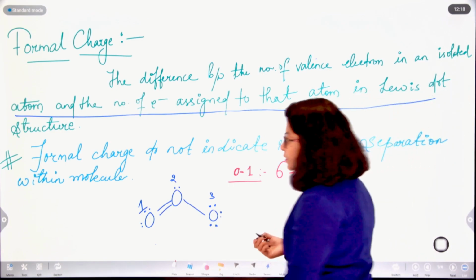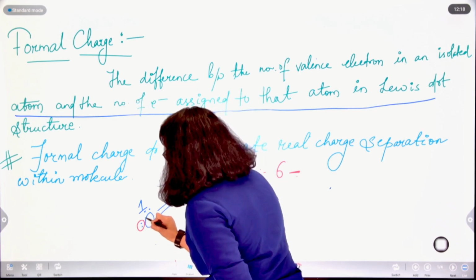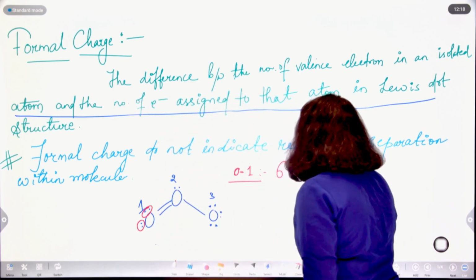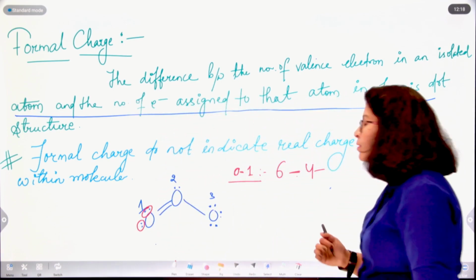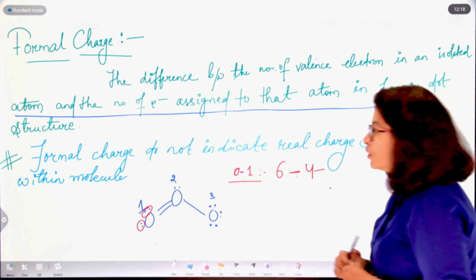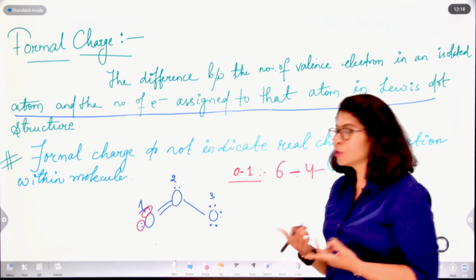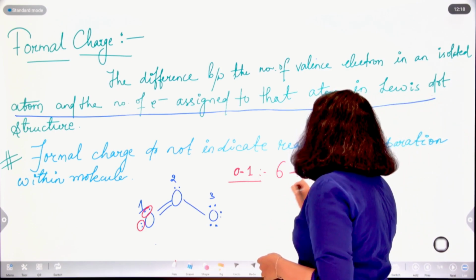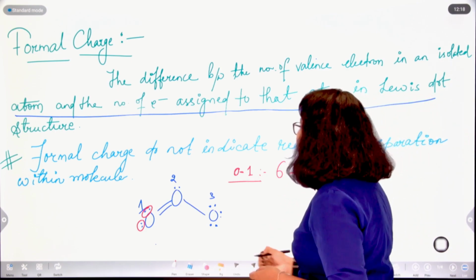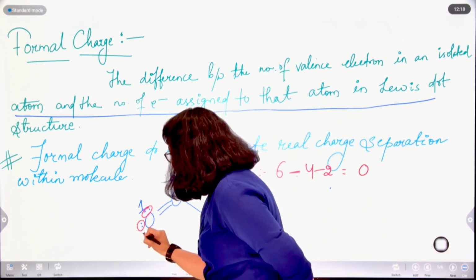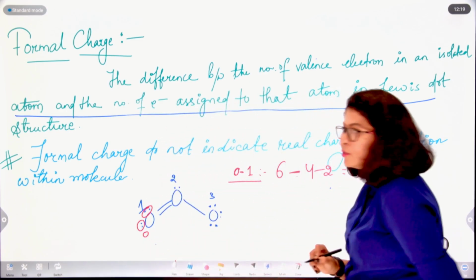So oxygen in this state is having 2 lone pairs, that is 4 electrons. So 6 minus 4 minus half of bond pair electrons. There are 2 bonds, 4 bond pair electrons, half of that is 2. So 6 minus 6 is 0. So here this oxygen atom has 0 formal charge.